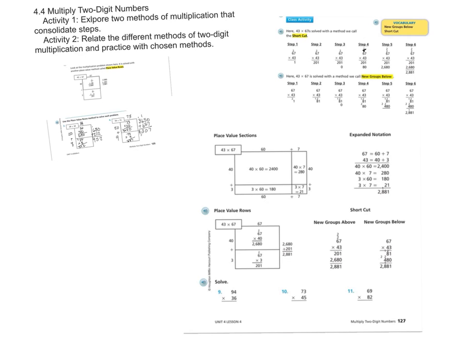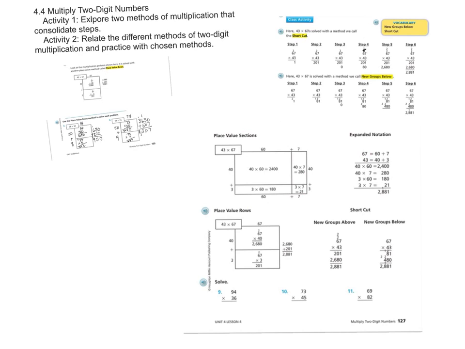Place value sections, where we have the tens separated out, the ones separated out, and each one of these squares or rectangles, you're figuring out the area for, and you multiply it all out. Okay. From this place value sections, it bleeds very nicely into the expanded notation where you're pulling apart the 67, pulling apart the 43.